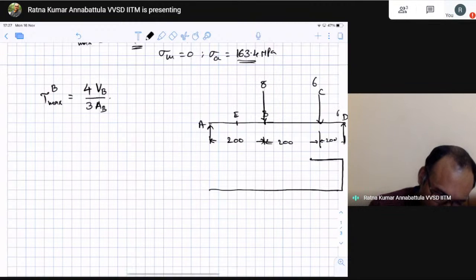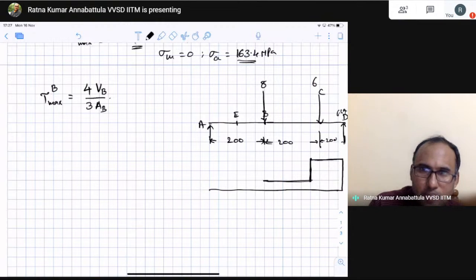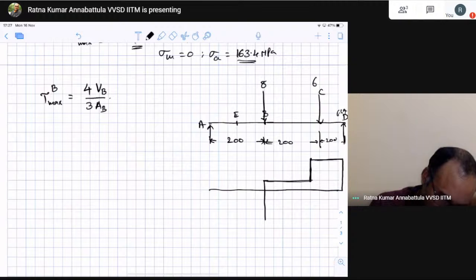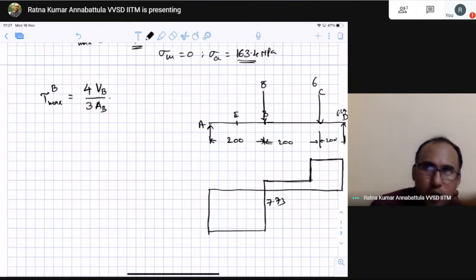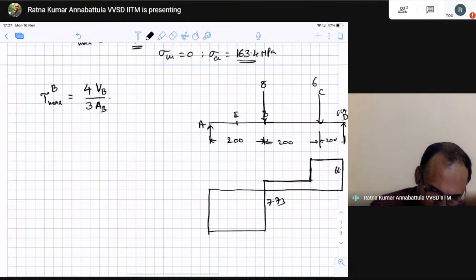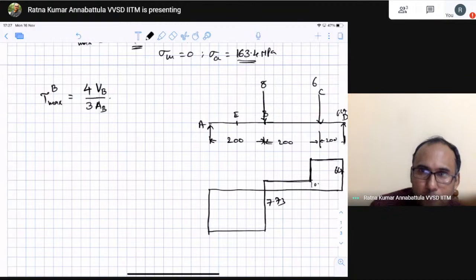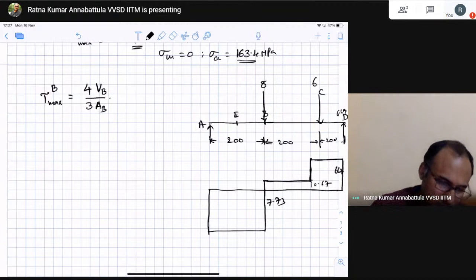And then this is 6.67 minus 6, so it will come down to 0.67, and up to 8 it will be the same, and then 8 minus 0.67 plus 8, that will be 7.73, and then up to here it is there. So here you will have 7.73, and here you will have 6.67, and here you have 0.67, right? That's what you have.